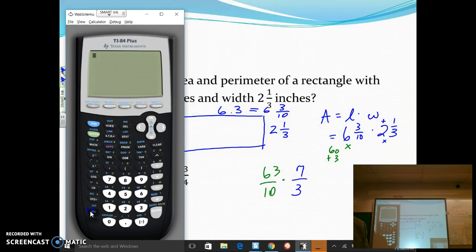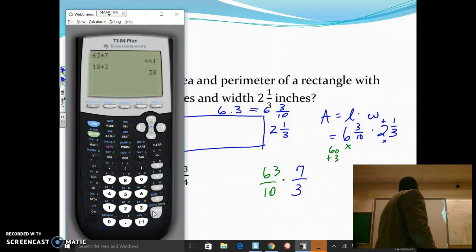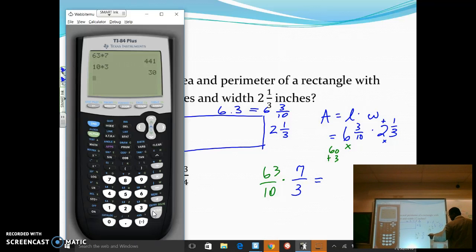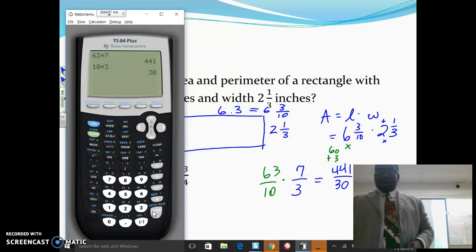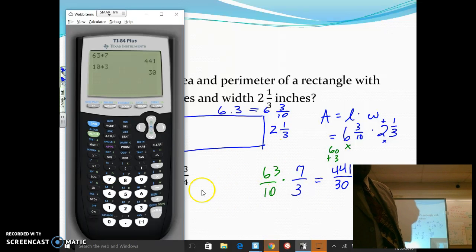If we do 63 times 7, we get 441. If we do 10 times 3, obviously we get 30. So we have 441 over 30. But this can also be reduced because both of these are divisible by 3.